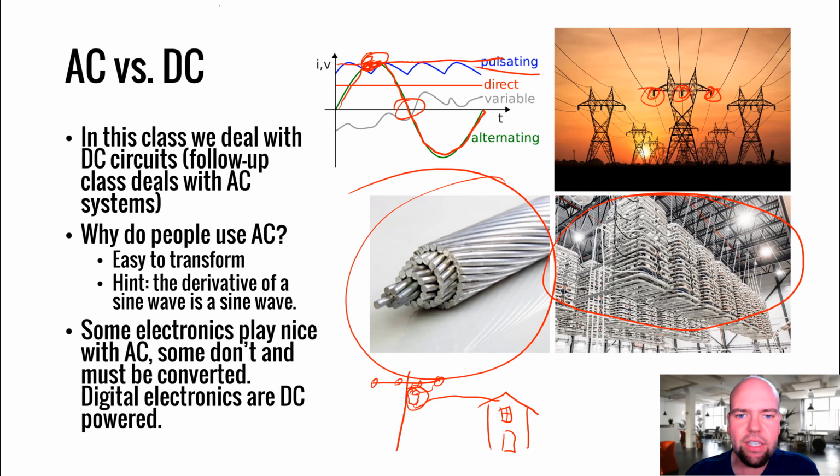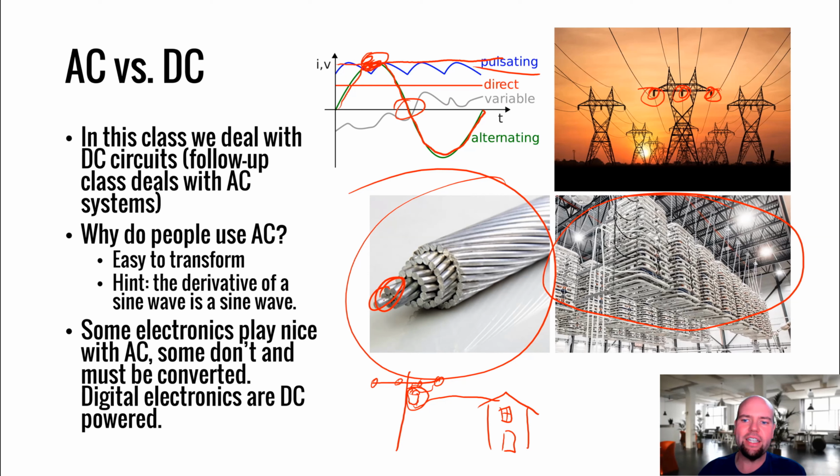And here, this is actually aluminum with a steel core. Why do you think there's a steel core on the inside of this cable? Well, you don't want the aluminum to be your electrical conductor and also be the thing that is physically holding the wire.